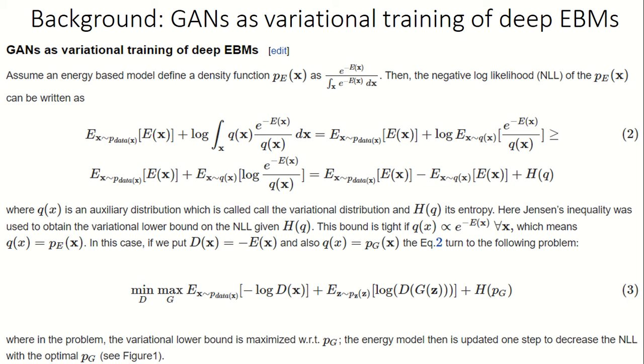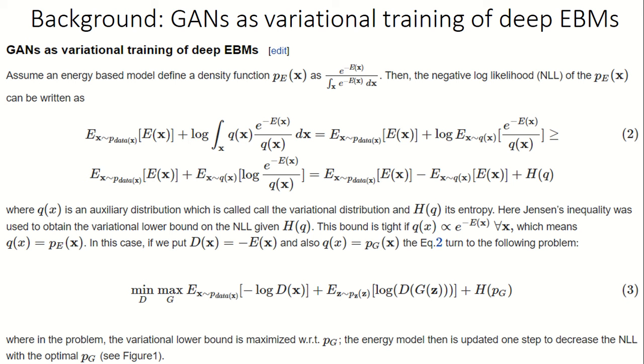If q(x) is proportional to the exponential of the negative energy of x, this means that q(x) is equal to the density function of your energy-based model. So in this case, we can set the discriminator equal to the energy of the data, and your auxiliary distribution equal to p of generator.